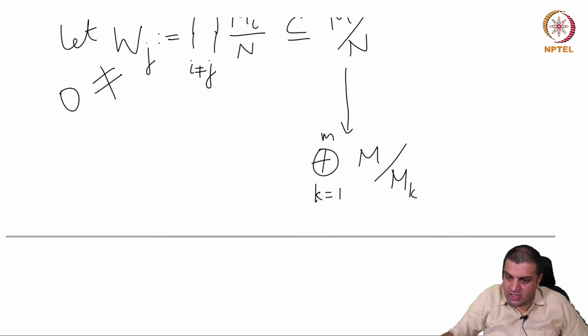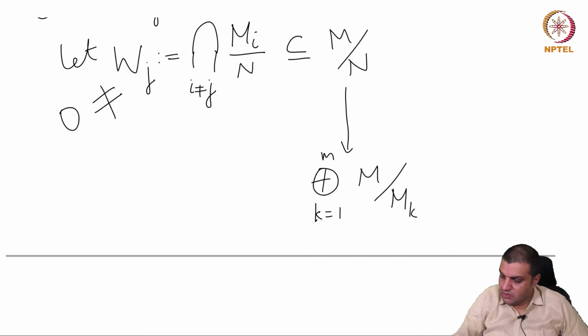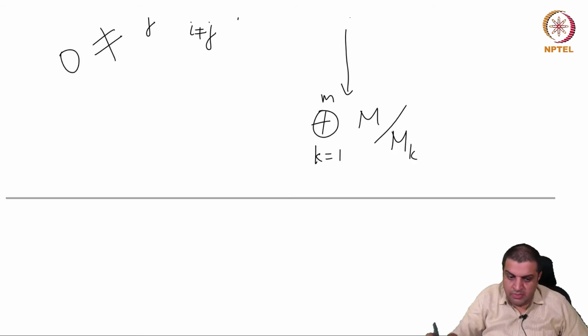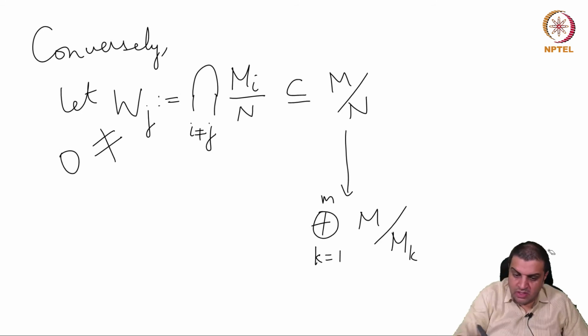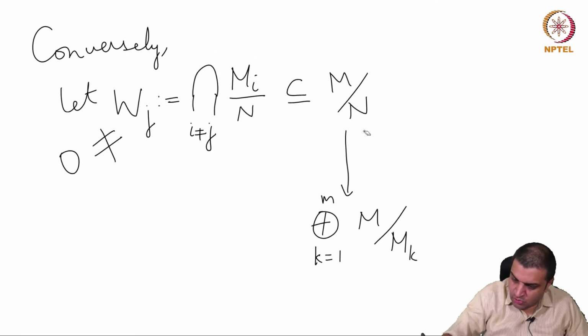So if you take this map and look at where this lands, elements here belong to Mi mod N for i different from j. So in the factor for a k different from j, it gets killed. So the image of Wj inside M mod Mk is 0 unless k equals j. This map is also injective.